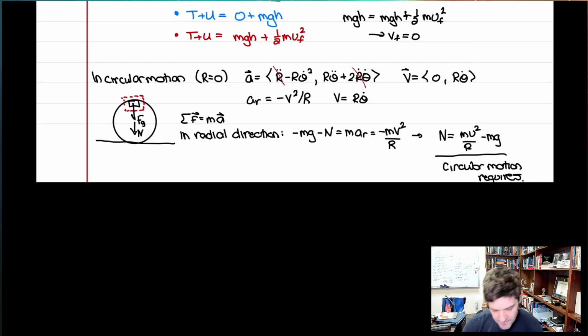I've already thrown in a minus sign here to specify the direction of the normal force. So I'm writing down capital N as if it's just some positive value, because I've already given some directionality with that negative sign. So I expect the normal force to be positive if it's pushing you towards the center of the circle, negative if something has gone awry, or maybe even 0, which would mean that you lose contact.